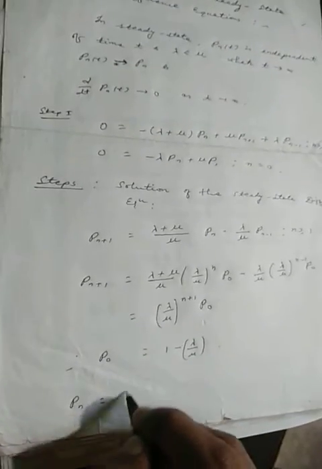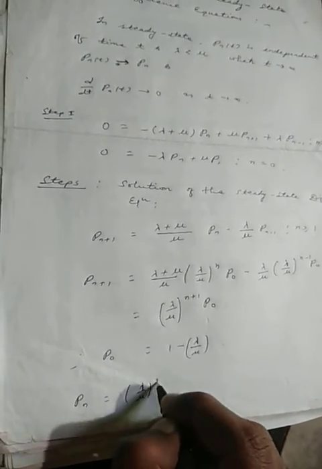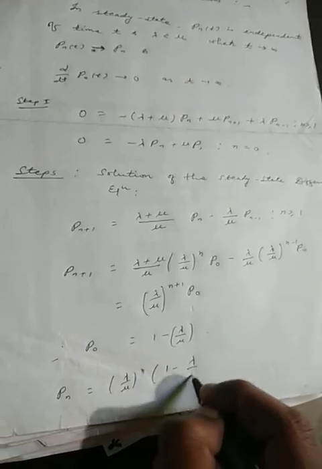So by mathematical induction we can solve this, where P0 is 1 − λ/μ. So the final solution is Pn = (λ/μ)^n (1 − λ/μ), which is ρ^n (1 − ρ), where ρ is just λ/μ.